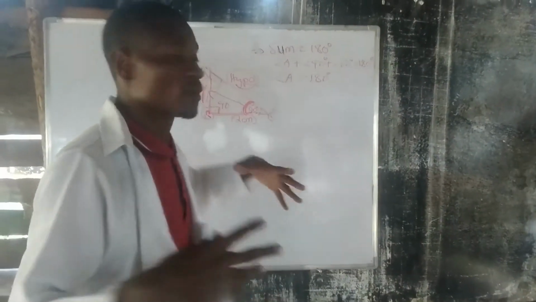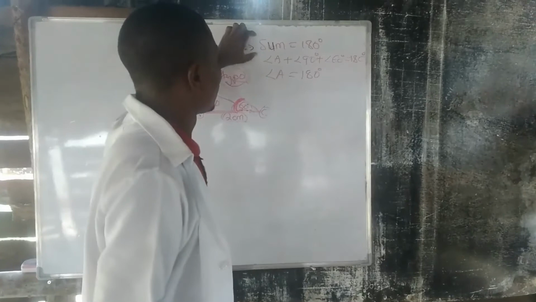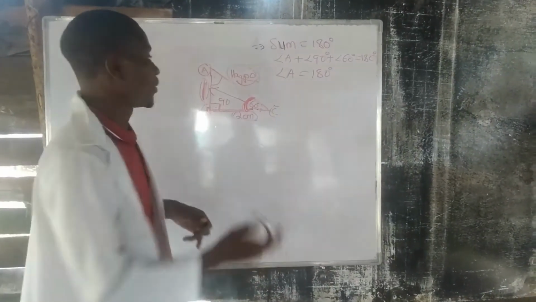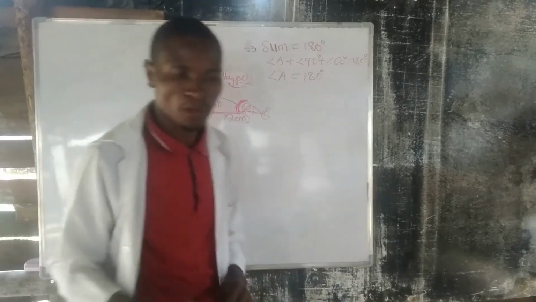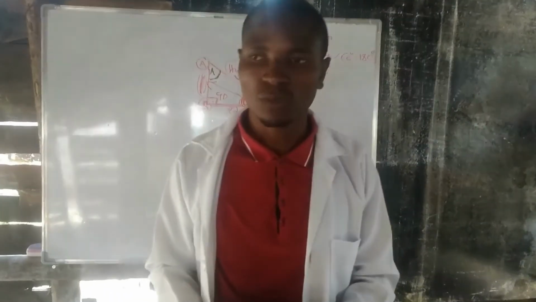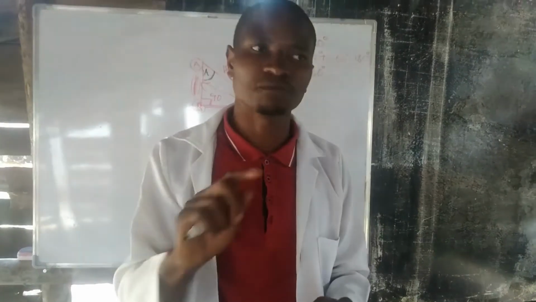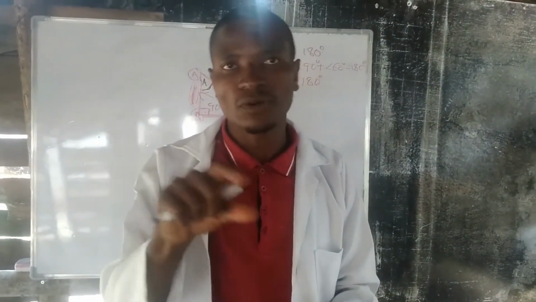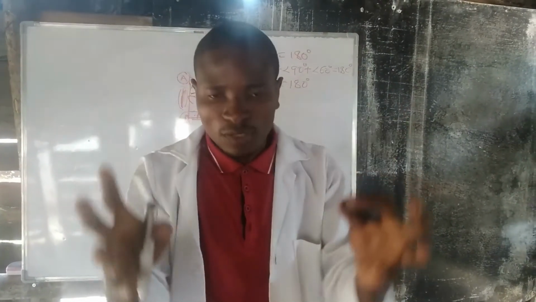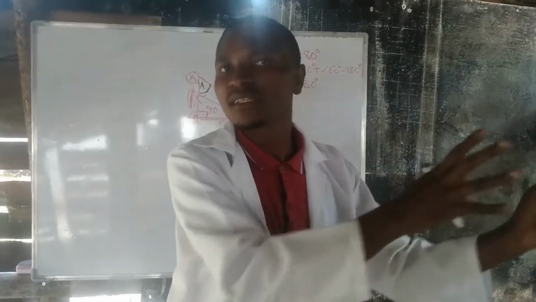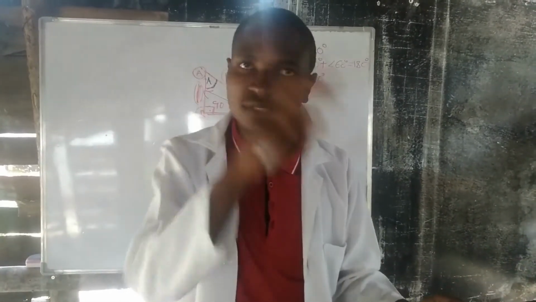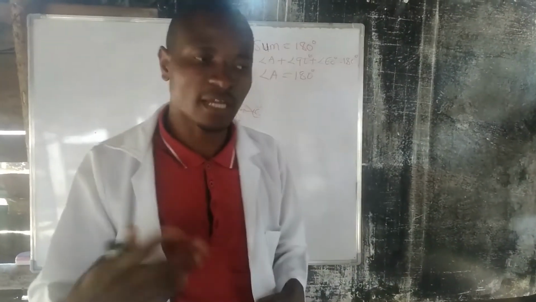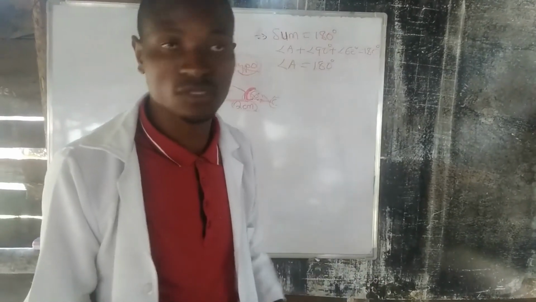So, like I was saying, when you want to find the angle A, this is the angle A. That's the position of angle A. So now, what we're supposed to do is we all understand that when you add up all the angles in the triangle, those numbers should actually sum to 180. That's the concept behind the summation of angles in a triangle. So that's the idea or analogy that you're going to use.